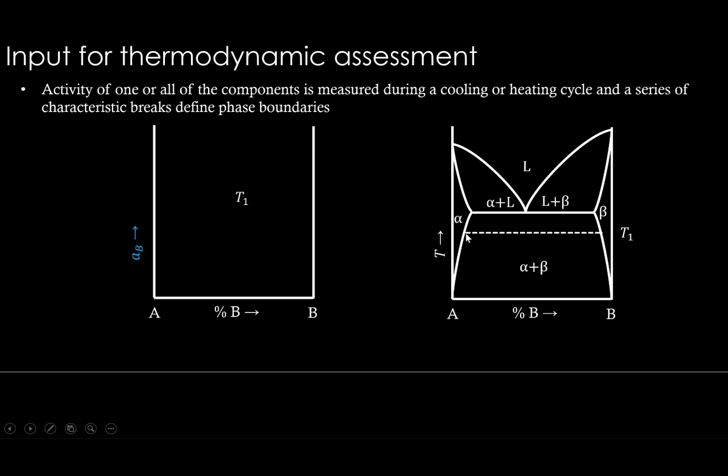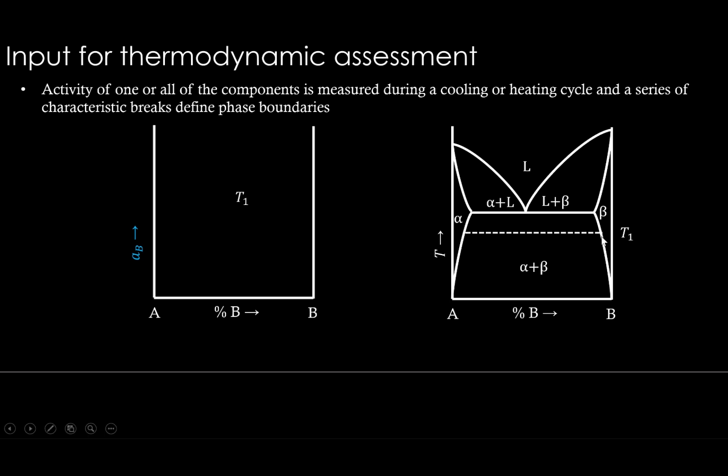You can recall activity of B will be same across the phases. Activity of B will be a single value across the phases alpha and beta, only then they can stay in equilibrium, right? So if that is the case, we are saying from this overall composition to this overall composition, for all these alloys, we are going to have two phases alpha and beta, and the chemical potential of B in alpha and beta is going to be same, right?